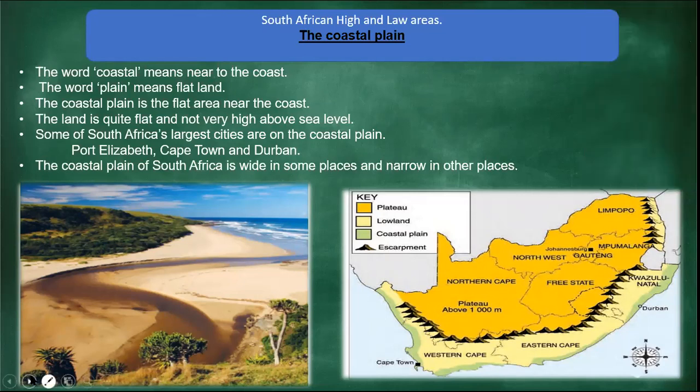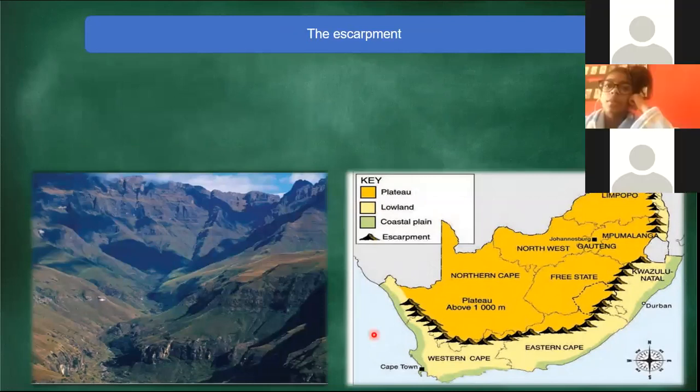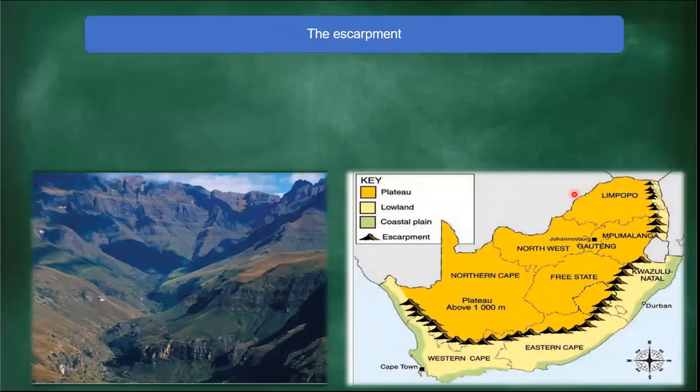So now we are going to learn about the escarpment. This picture portrays an escarpment. And on this map, these little mountains that are around, as you can see on the keys, there is a symbol which says escarpment.